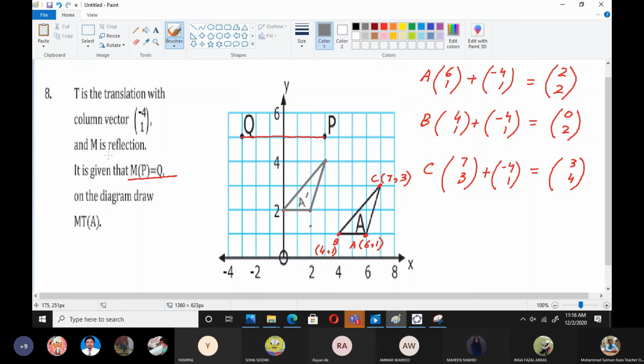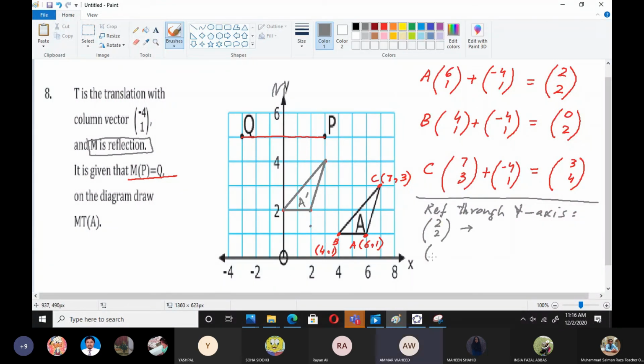And guys, M is the reflection that was mentioned over here. So reflection is happening on the y-axis. What happens in reflection through the y-axis? x becomes negative, and y stays the same.